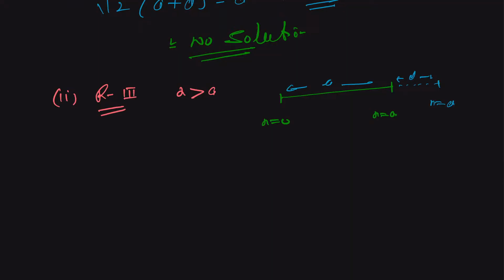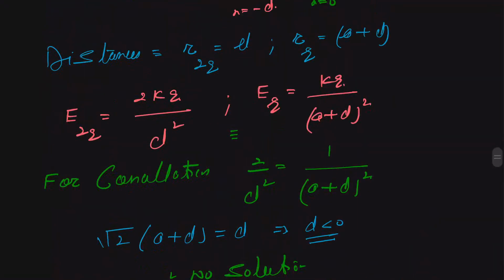And once again we can say that the distance from charge 2q will be equal to a plus d, and from charge minus q is our d. One second, this is minus q.